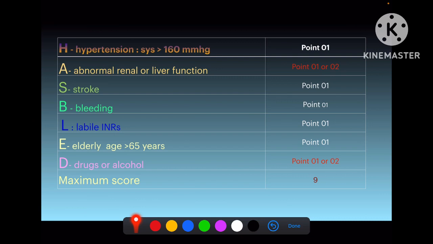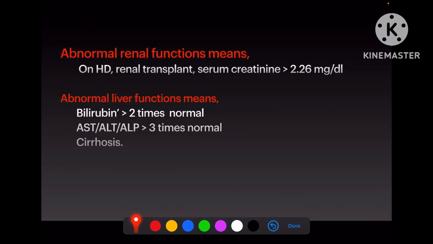So how are you going to define that a patient has abnormal renal function or abnormal liver function? I'm going to show you in this slide. You can say this patient has abnormal renal function if the patient is on hemodialysis. If your patient has undergone a renal transplantation, definitely that is abnormal renal function.